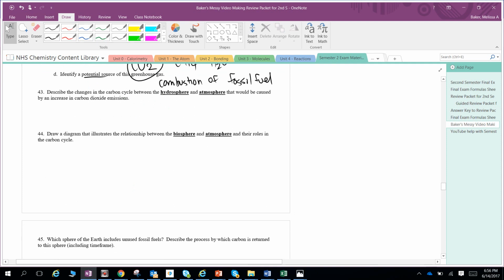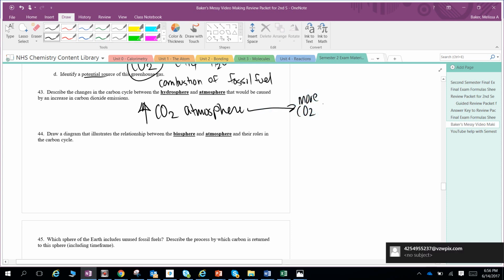43 asks you to describe the change in the carbon cycle between the hydrosphere and the atmosphere that would be caused by an increase in CO2 emissions. Well, if there is an increase in CO2 in the atmosphere, more gets dissolved.